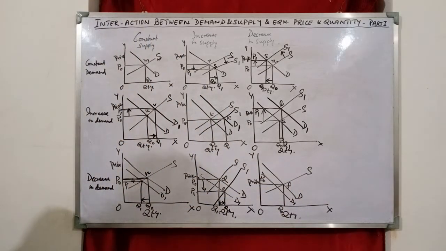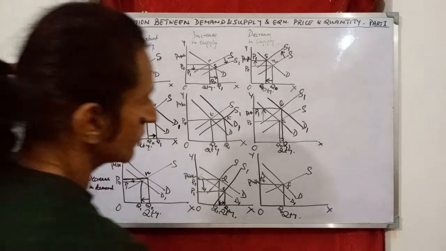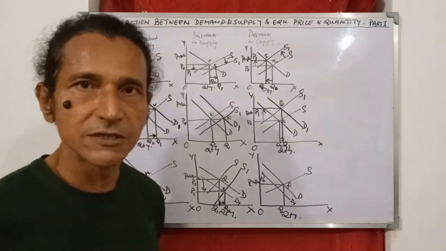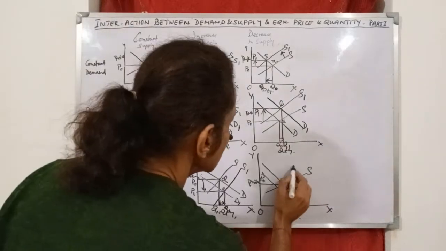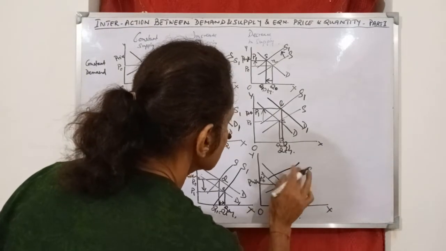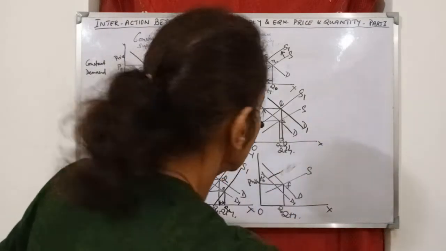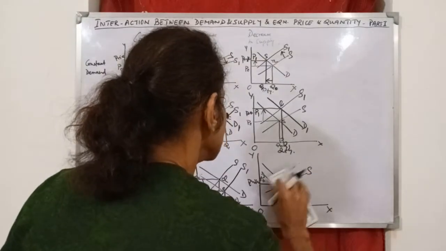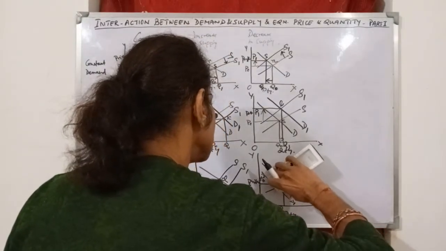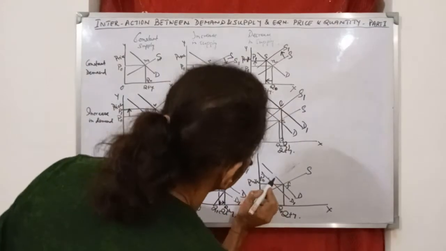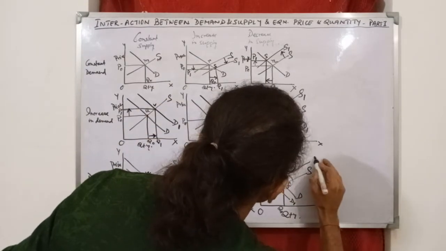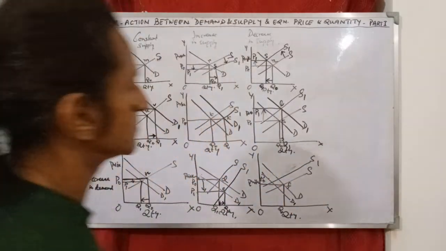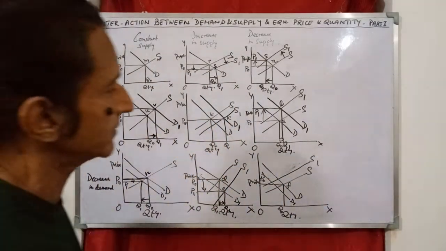And supply is also decreasing. So when supply decreases, the supply curve will shift parallelly leftward. So let this be the new supply curve. Correct?